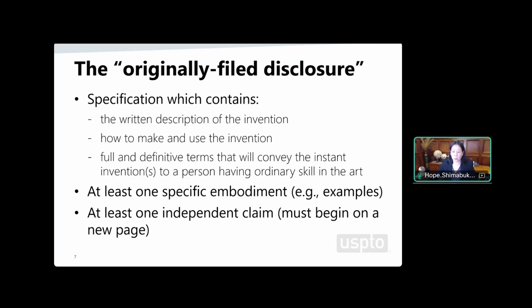And in order for the inventor to prove what was in their possession, they should have enough details to describe how to make and use the invention, and should include full and definite terms that communicate the invention to a person of ordinary skill in the art. So ordinary skill in the technology or in the art usually refers to someone with a little bit of experience.